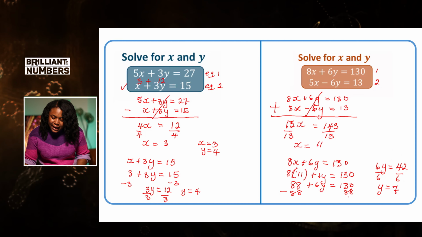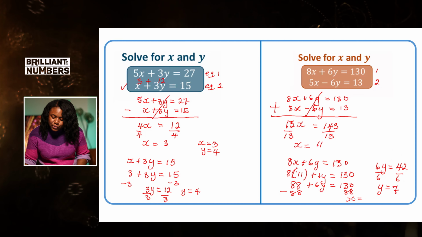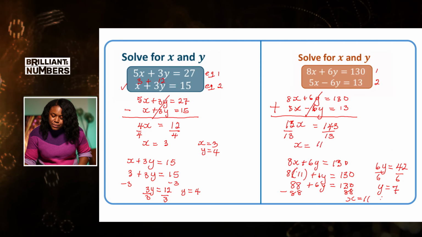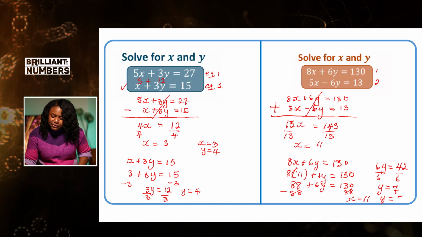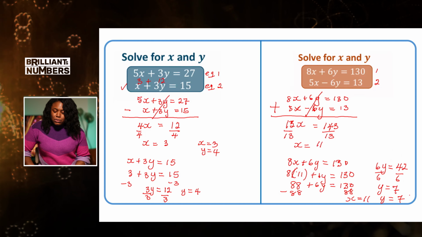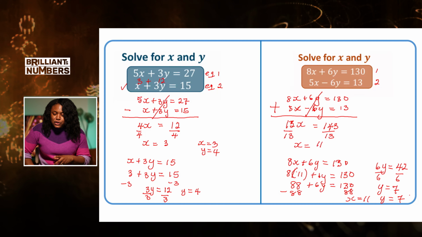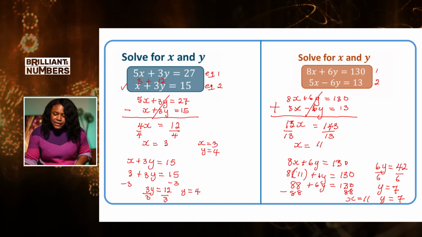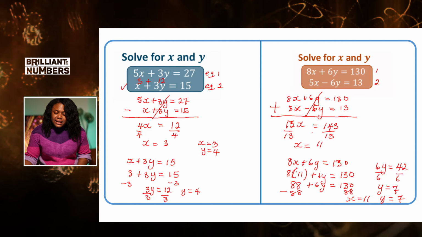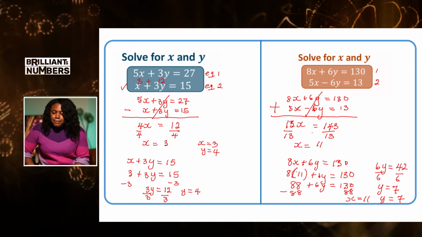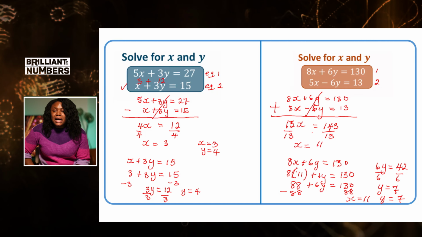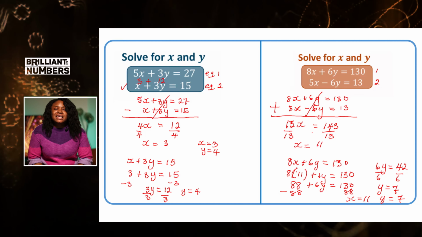So x is equal to 11 that we got in the first place, and y is equal to 7. And again, we can check if that is true by substituting them into the first equation. 8 times 11 is 88, plus 6 times 7 is 42. Add them together, I get 130. Brilliant.